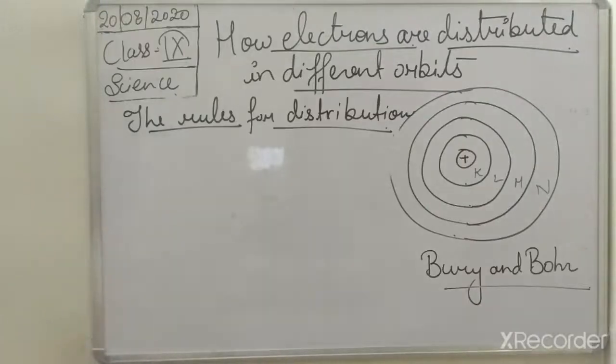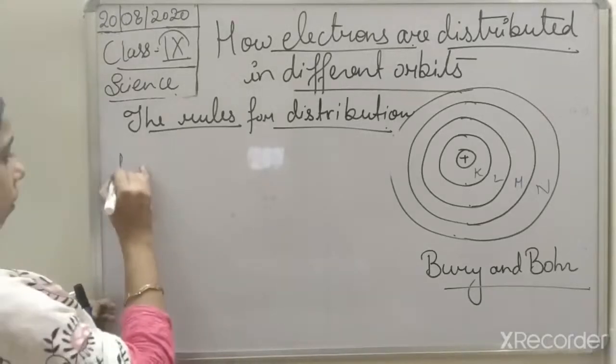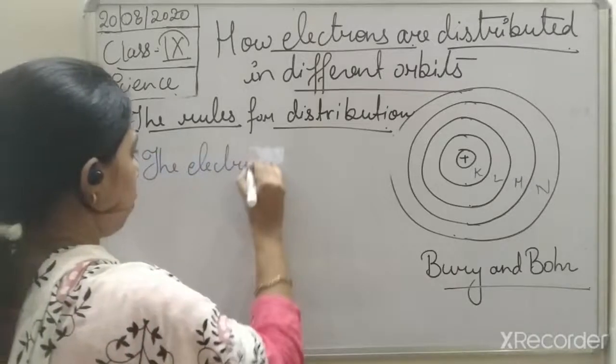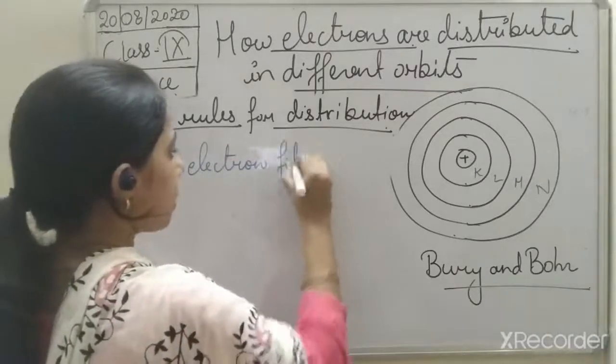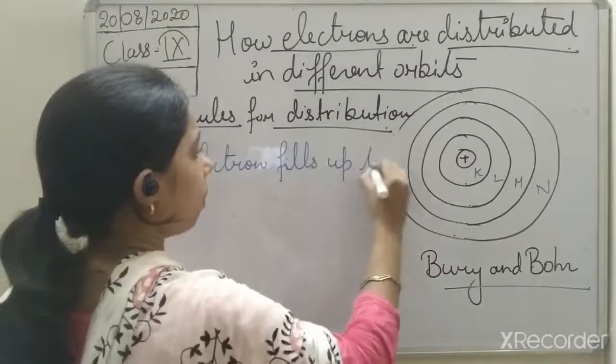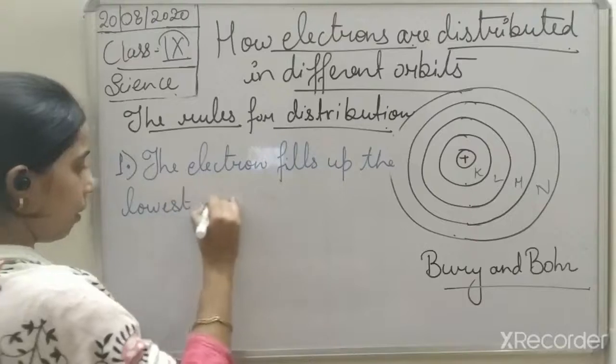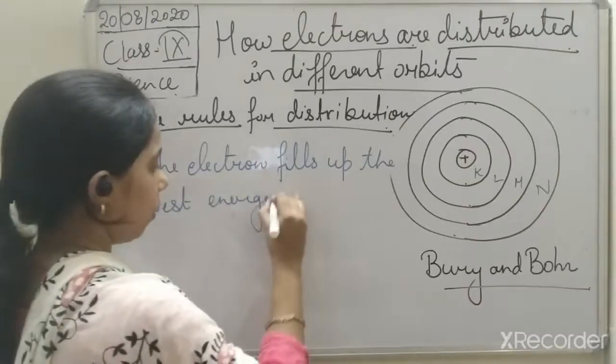So we write: the electron fills up the lowest energy first.